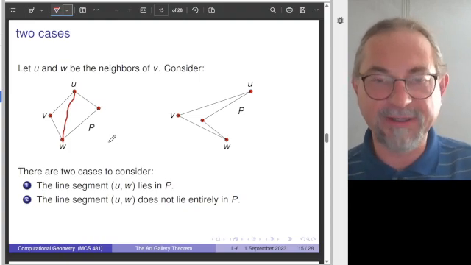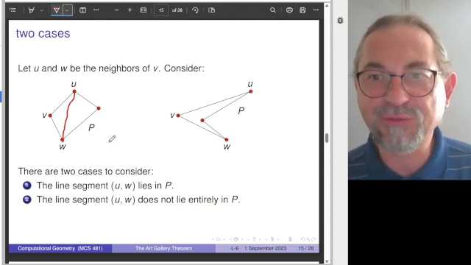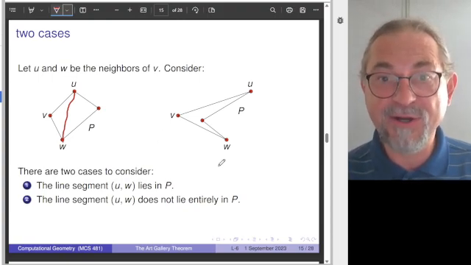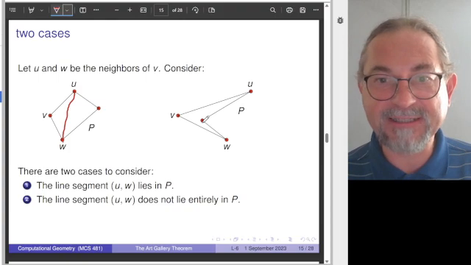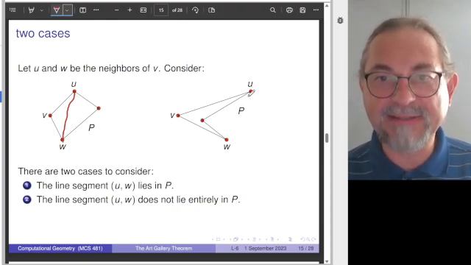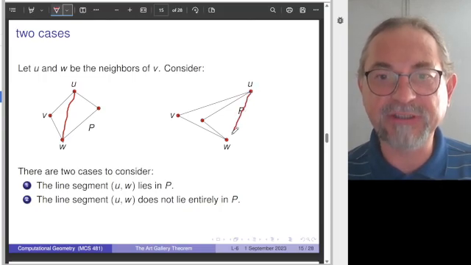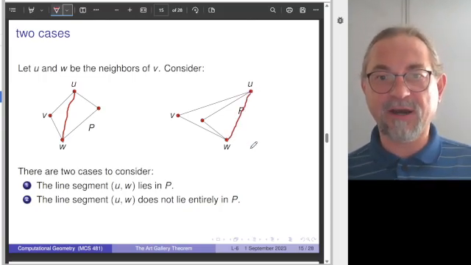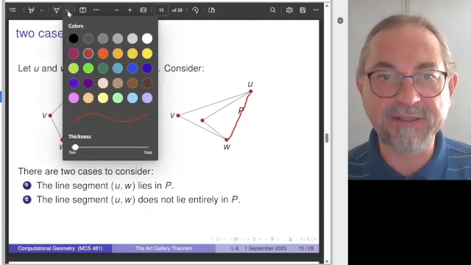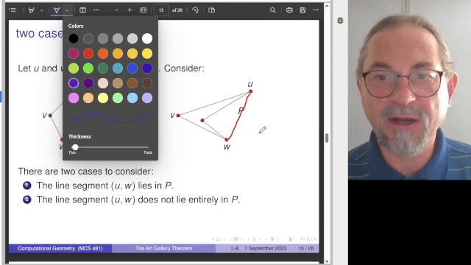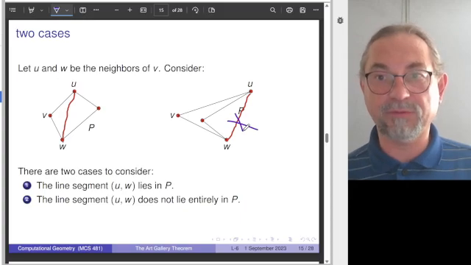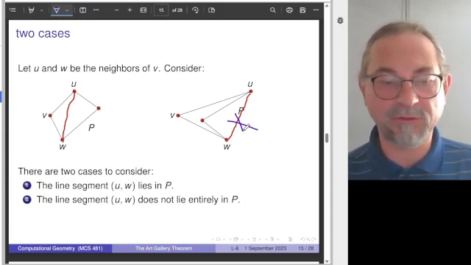That would already give you a lot of credit, but actually there's more work to be done to resolve this case here, where that anonymous vertex, we didn't give it a name, makes it so that UW does not lie entirely in the polygon, and you cannot use this. This is something that is forbidden. This is not a separation, a cut that we want to make. So we will focus on that case now.